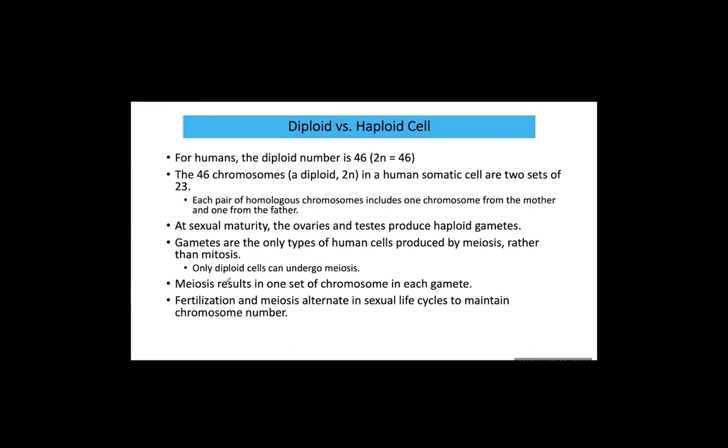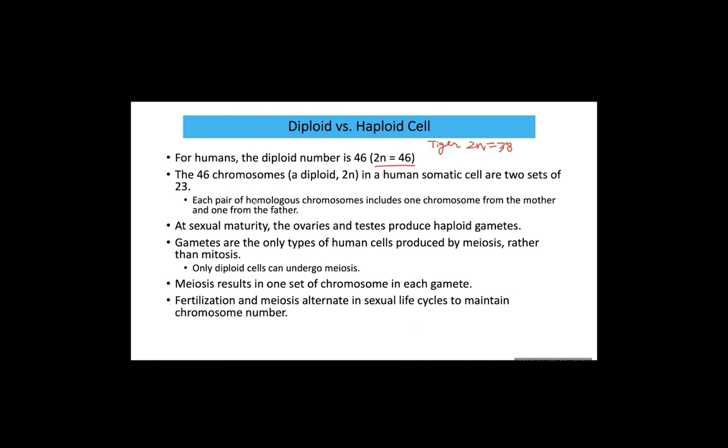So you're familiar with the diploid and haploid cell. One more time, for humans, the diploid cell, we write down 2n equals 46. If a tiger has 38 chromosomes in the cell, then you can write down 2n equals 38. The 46 chromosomes, or diploid 2n, in a human somatic cell are two sets of 23.